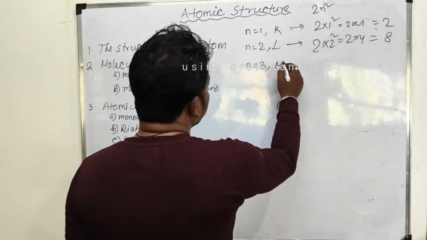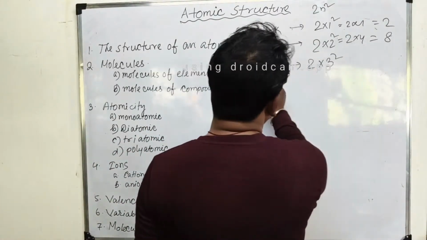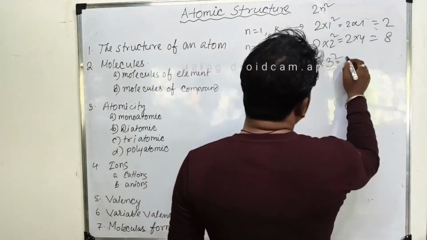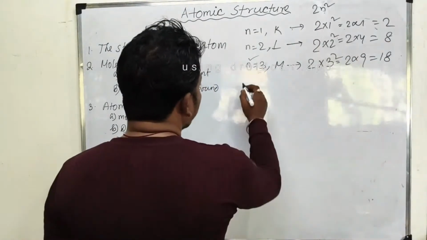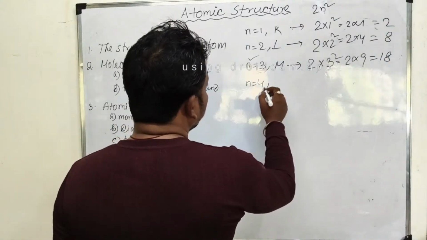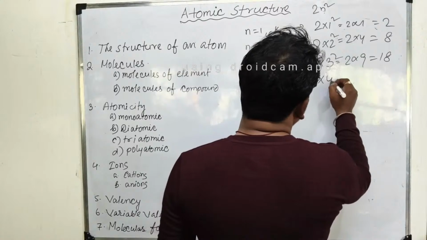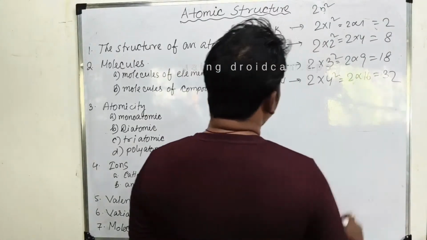For n equals 3, the M shell, that is 2 into 3 square, 2 into 9, 18. For n equals 4, the N shell, 2 into 4 square, that is 2 into 16, 32.